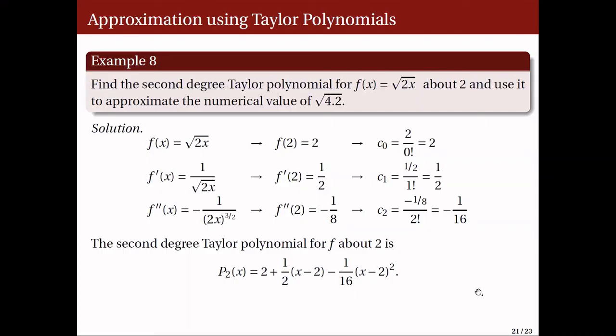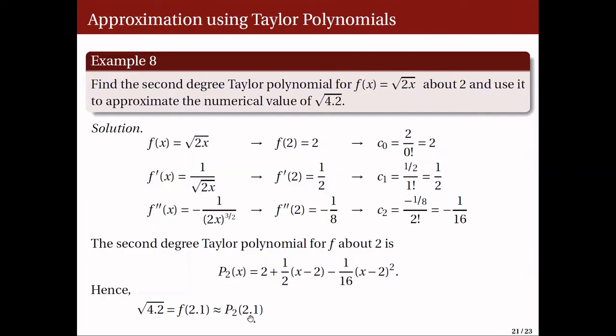And so, to approximate the numerical value of square root of 4.2, we have f of 2.1. Notice that if x is 2.1, then we have square root of 4.2. And we want to approximate this using p sub 2 of x. So we write approximately equal to p sub 2 of 2.1.